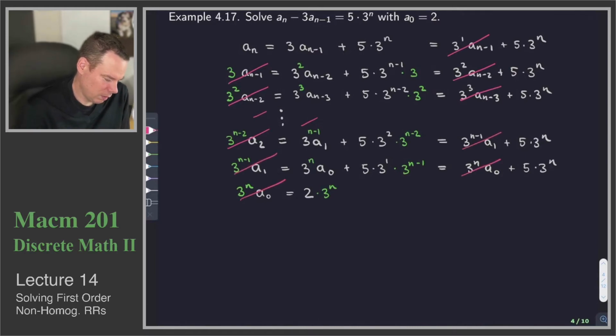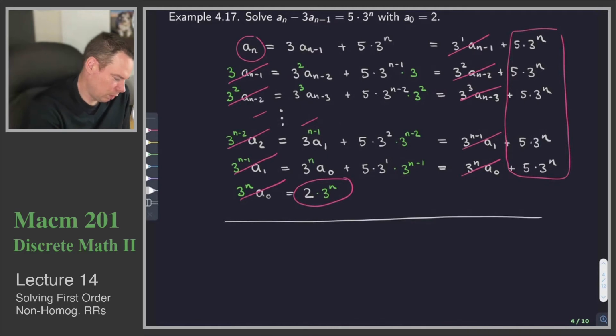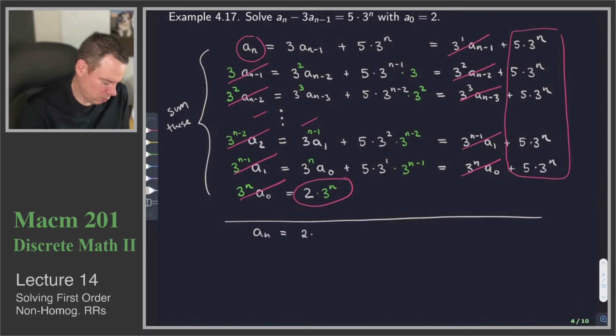So the only surviving terms that we get are all of these, this one, and this one. That's all that survives. So what we're going to do is we're going to sum these, and we get a_n is equal to 2 times 3 to the n plus 5 times 3 to the n, being added up how many times?